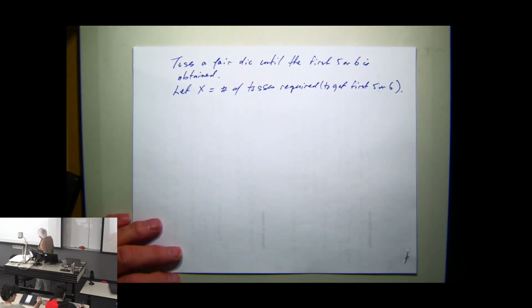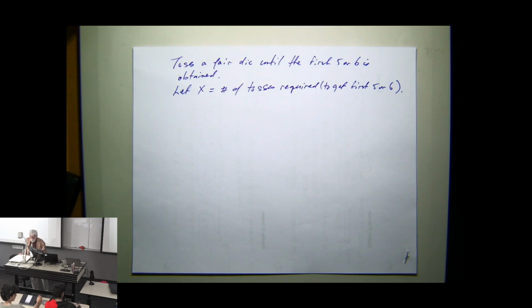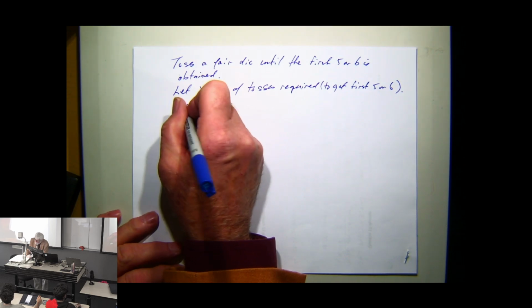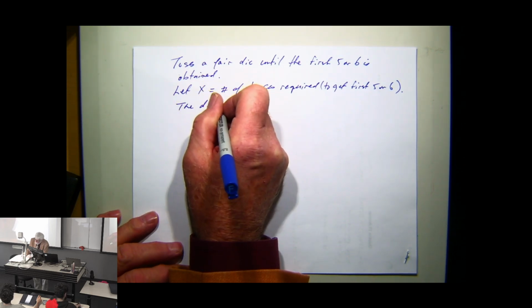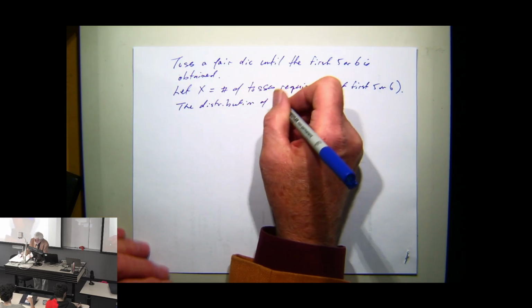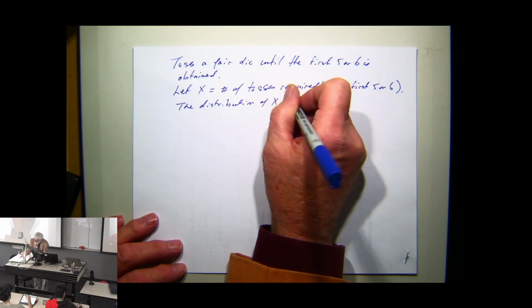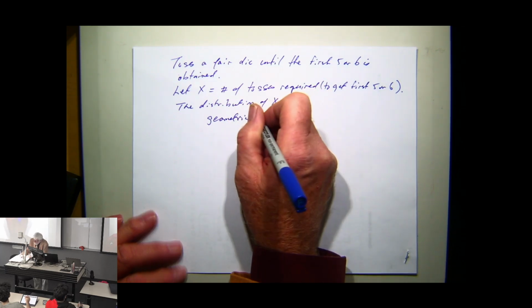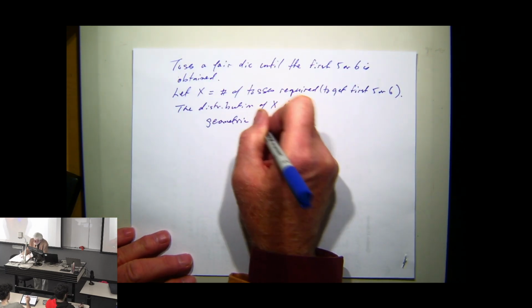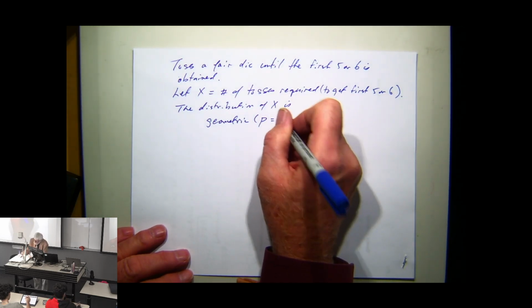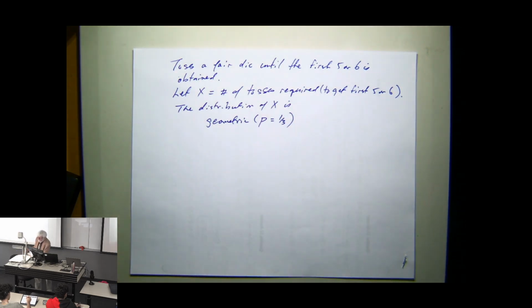Okay, so I'll leave that kind of unsaid. So we've defined our random variable, and then the distribution of x is geometric with parameter p equals 1/3. Okay?